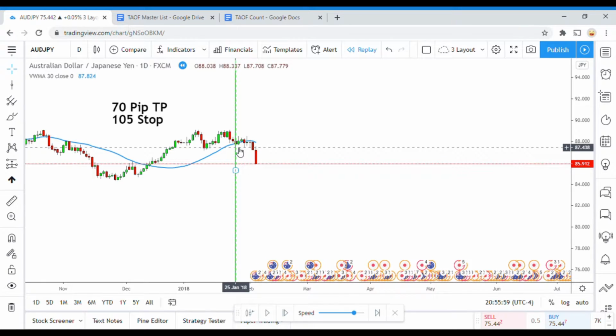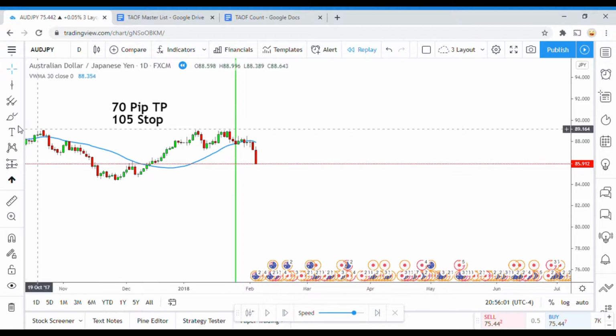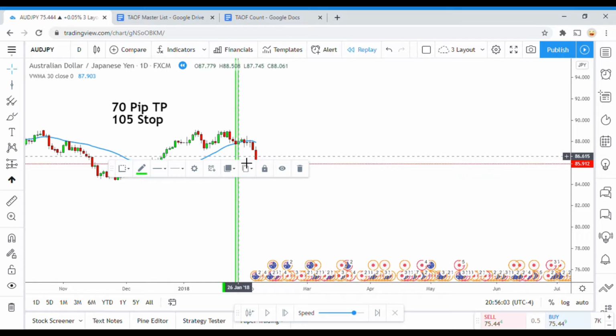Let's see here. So we had a short signal there. Unfortunately, it turned right around and dropped straight back down.